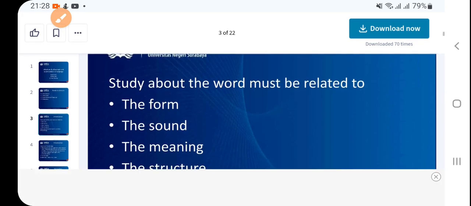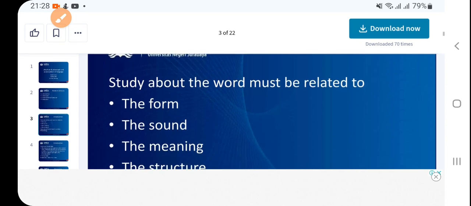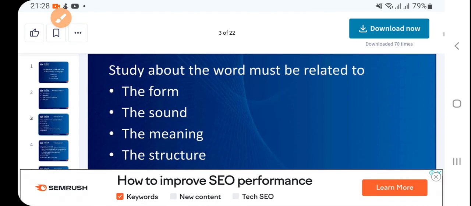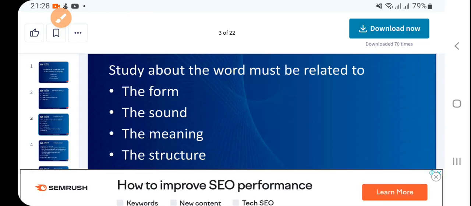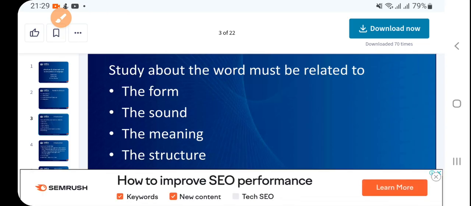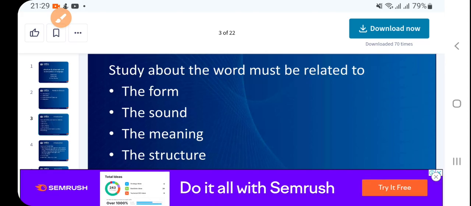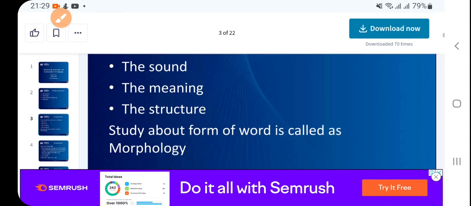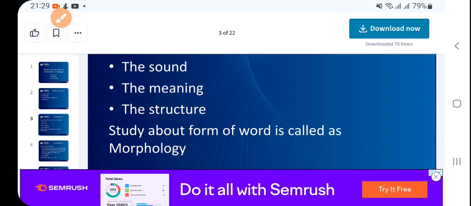The study about the word must be related to the form, meaning how to form a word, how a word is made with the help of letters, and how it is pronounced, what is the meaning of the word, what is the sound of the word, and what is the structure of the word.